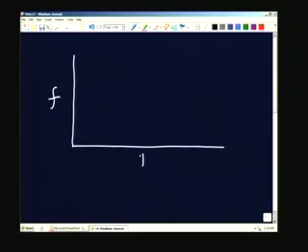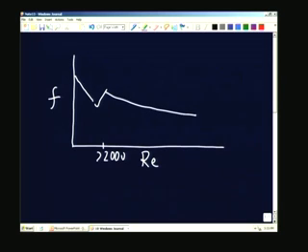It is just qualitative, I am not going to give any numbers here. For small values of Reynolds number, it more or less goes linearly, and at about greater than about 2000, suddenly there is a change in the value, it goes up and then it goes like that.